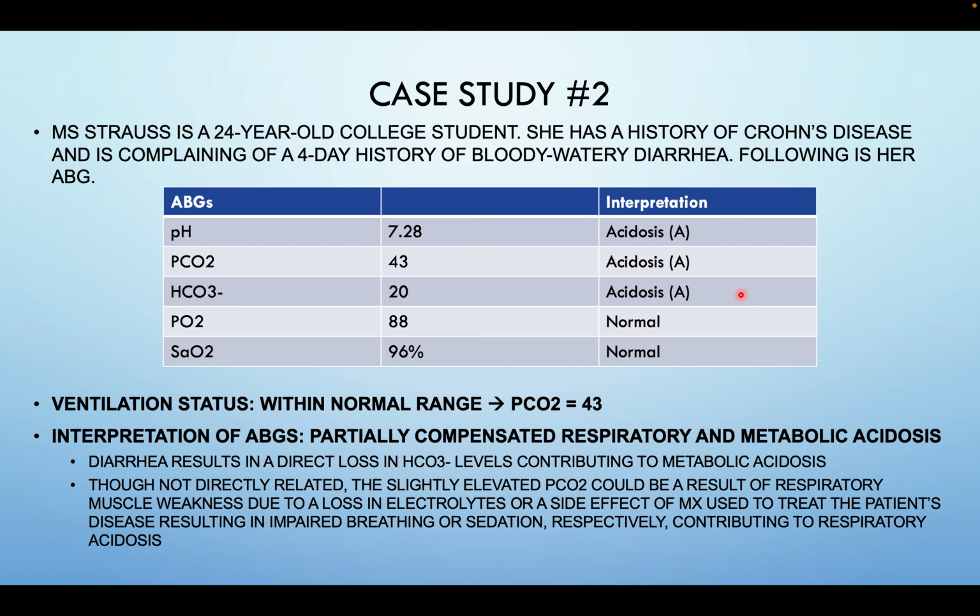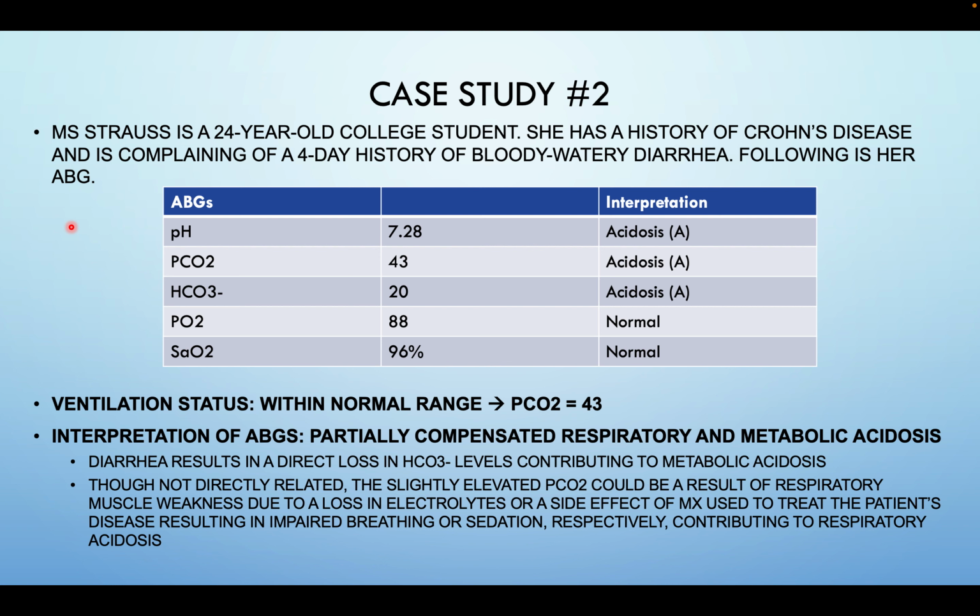Now to determine if the compensation is complete, partial, or uncompensated, we have to go back and look at the pH. Because it does not fall within the normal 7.35 to 7.45 range, it is abnormal. Looking at the other values, which are also abnormal, it seems that this is a partially compensated respiratory and metabolic acidosis that Ms. Strauss is experiencing.